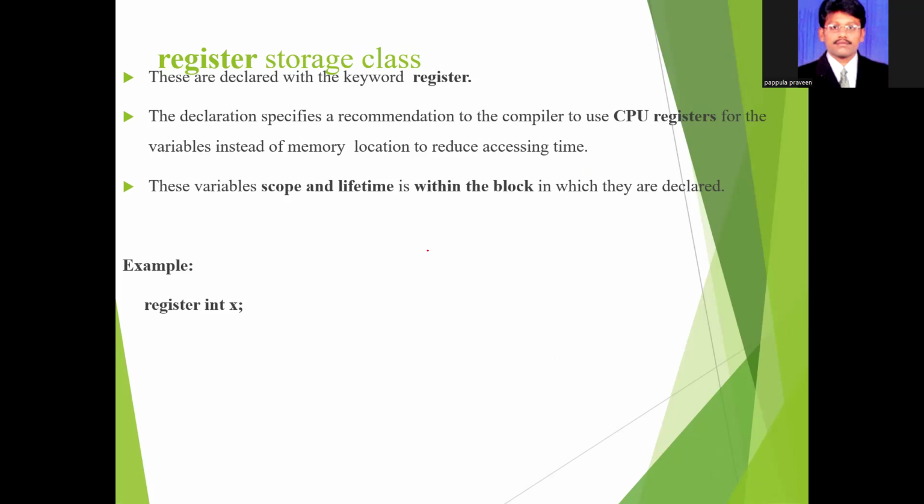Now suppose I want to declare all variables as register. But the compiler doesn't accept that. Only a few variables are considered register, because the registers are very small. That's why we take one or two variables as register variables. The lifetime and scope are within the block.